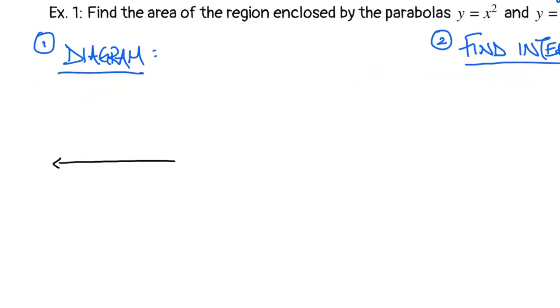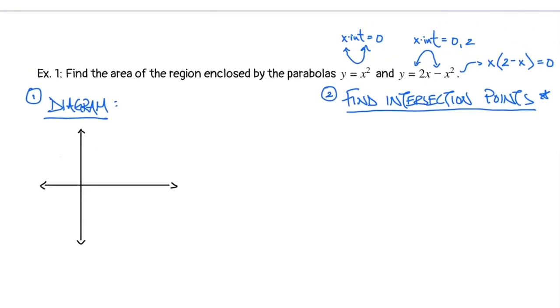Anyway, let's go ahead and draw this graph. All right. So I've got this parabola, this upward facing parabola. And I notice that this upward facing parabola has an x-intercept of 0. And so maybe it looks something like this.